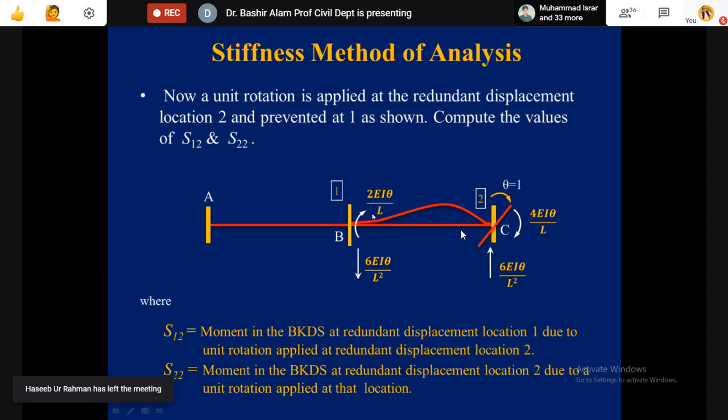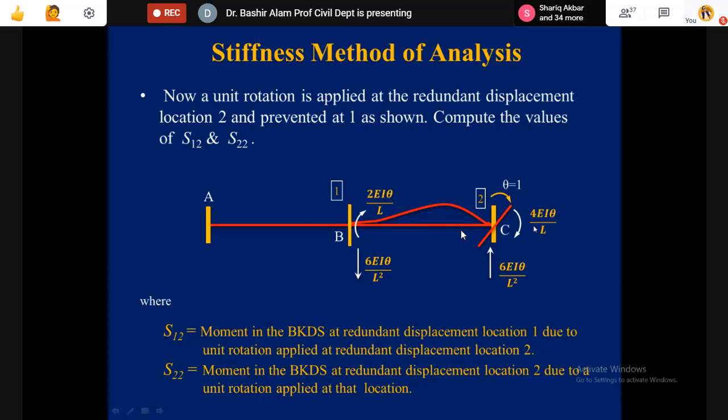And already, if you see, S21 was 2EI theta over L, and here S12 is also 2EI theta over L. So that is the confirmation that this matrix is always going to be a symmetric matrix. Now here, this is 2 due to 2, so S22 will become equal to 4EI theta divided by L. This is corresponding to T2.